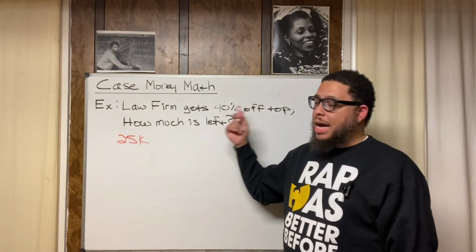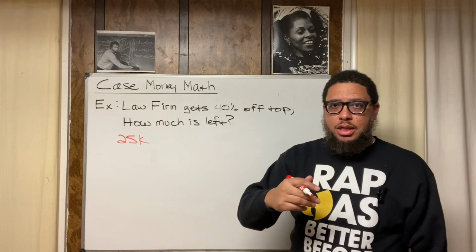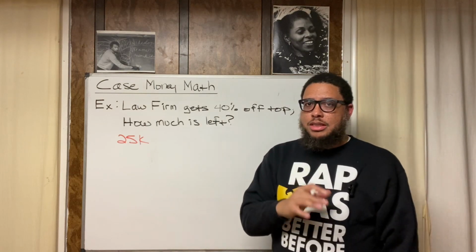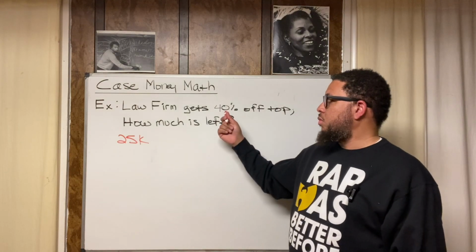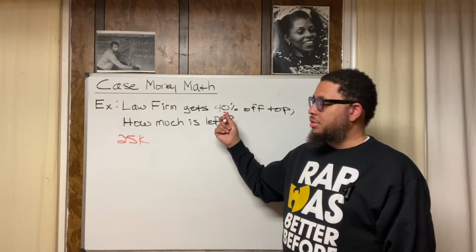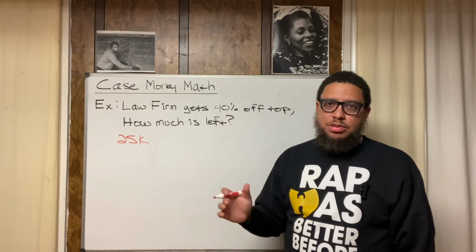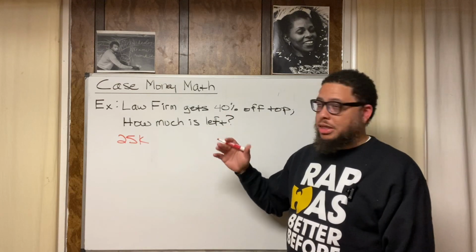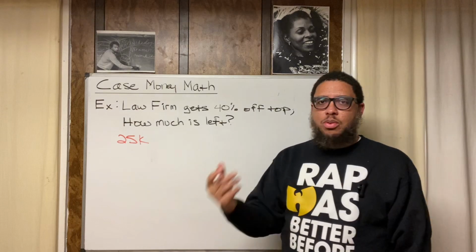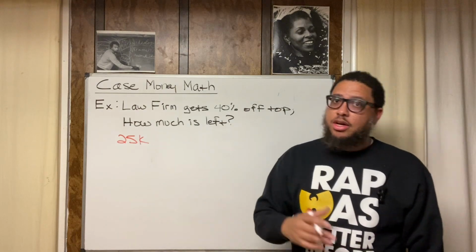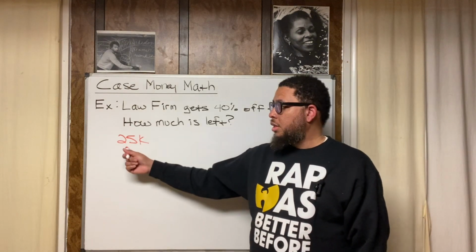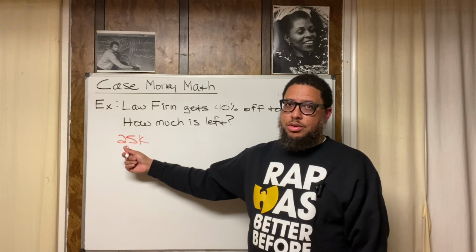We want to figure out what dollar amount the law firm is going to get. Because a lot of people, if they don't understand percentages, might think, oh, the law firm is going to get $40. If you don't understand the concept of a percentage, you're liable to say anything. You might think 40% is equivalent to $40. Well, 40% could be $40 depending on what your total amount is.